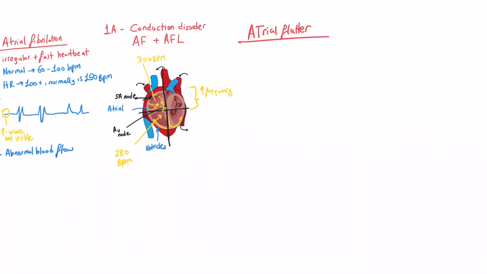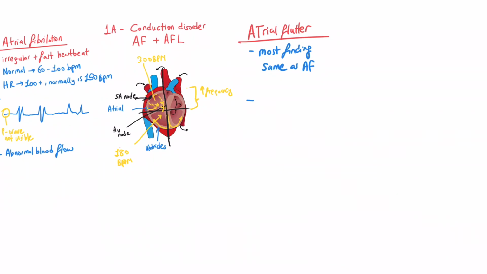Most findings are the same as AF. The main difference is the BPM, and another thing that is quite different is the ECG, or electrocardiogram.